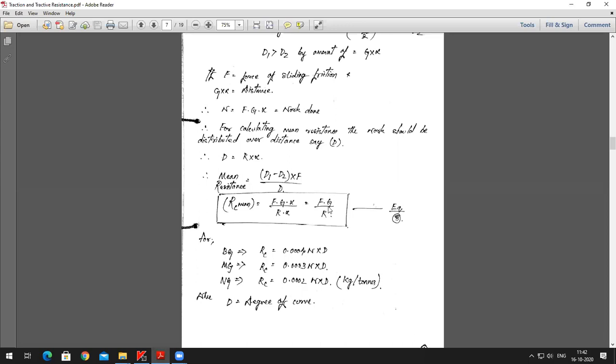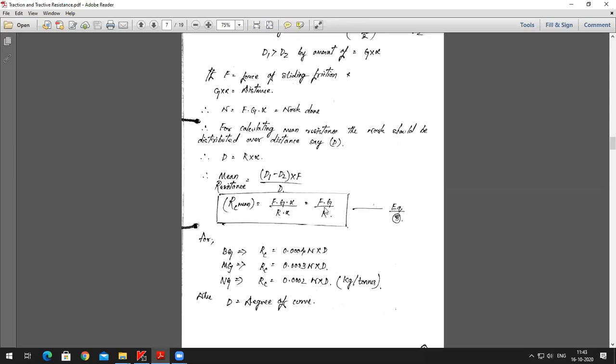Now, if you substitute the value of G, for broad gauge it would be 1.676 meters, for meter gauge it would be 1, and for narrow gauge it would be 0.6.